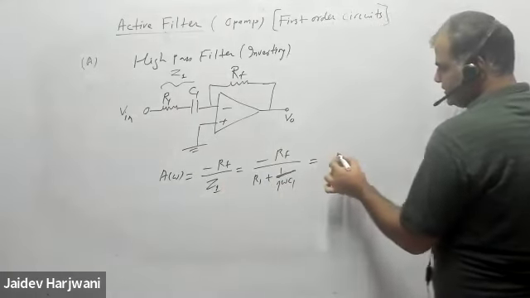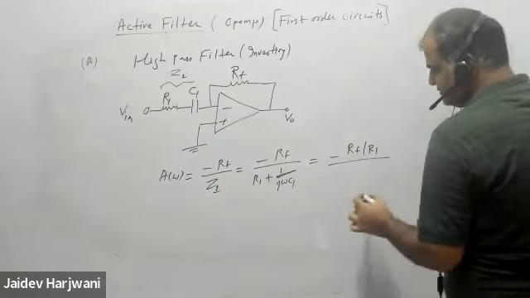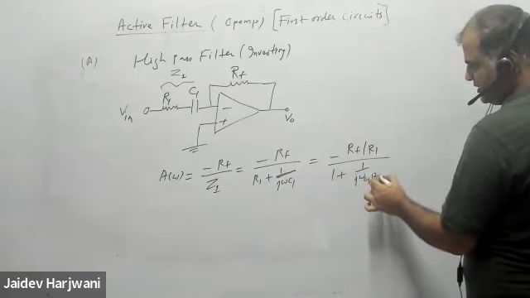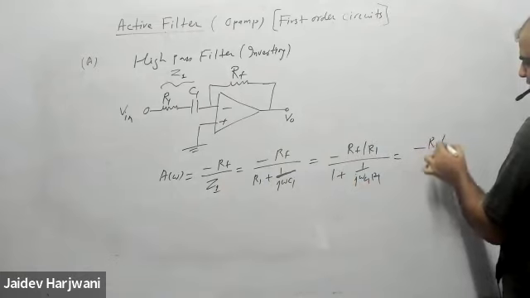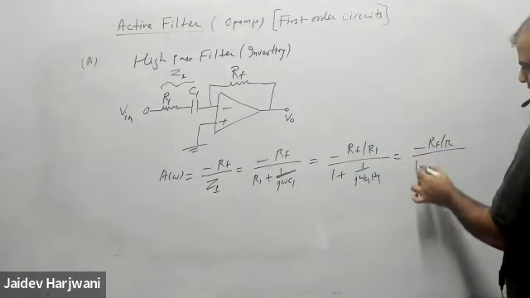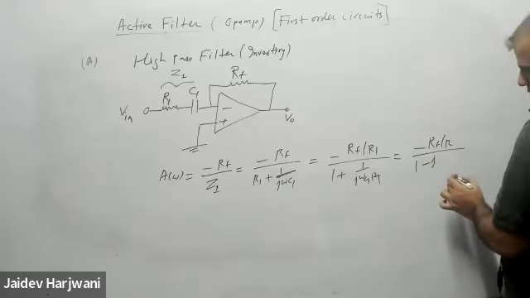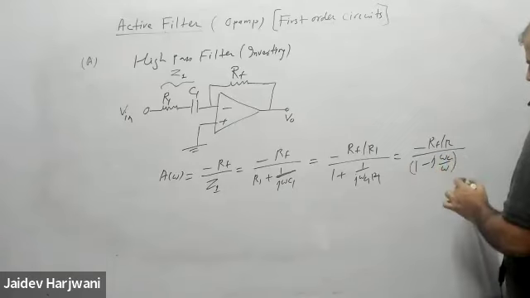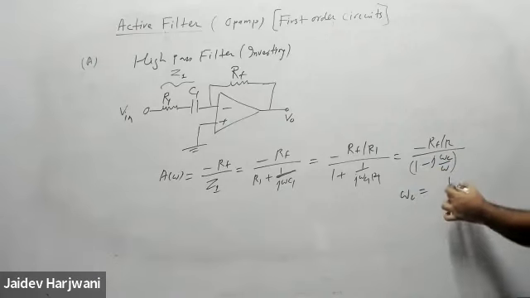So this is minus RF by R1 times 1 upon 1 plus 1 upon J omega C1 R1, and this is the same expression: RF by R1 times 1 minus J omega C by omega, where omega C is 1 upon C1 R1.